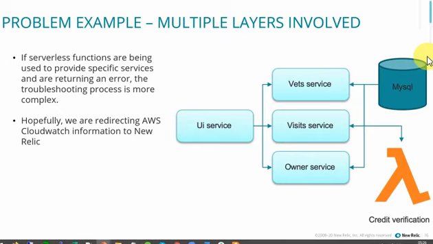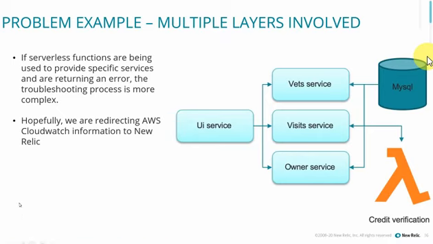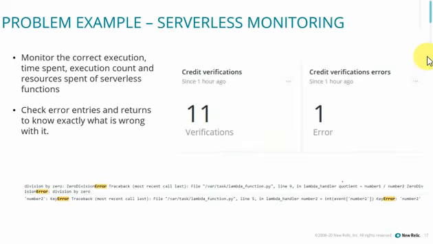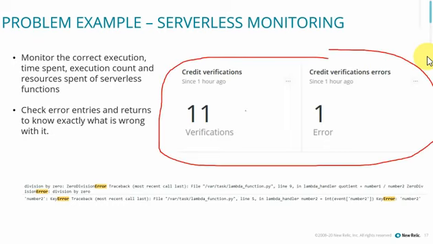Okay, so we can have logs from Lambda as well, like I demonstrated to you on the calculator Lambda function, and you can start taking a look in a more high-level way if we are having, for example, credit verifications by the execution of my function. So I can see, okay, every time my function executes fine, this means I made a credit verification successfully. But if I have an error, I can see that I have credit verification errors.